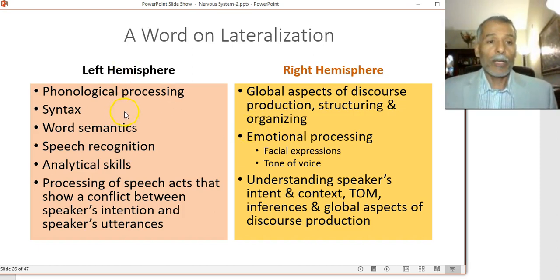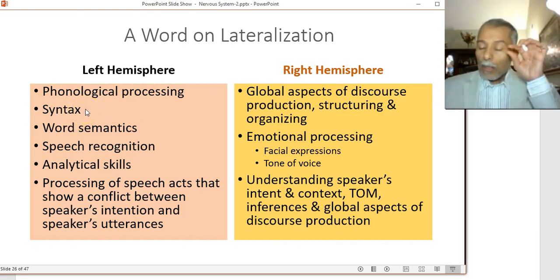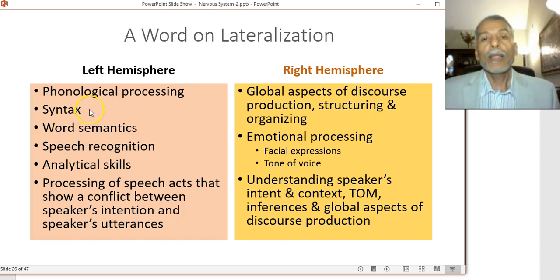So the left hemisphere is dominant for phonological processing. It gets the sounds, recognizes them, connects them together, making syllables, making words. And also, it has syntax, the abstract rules of grammar. And how do we understand grammar?